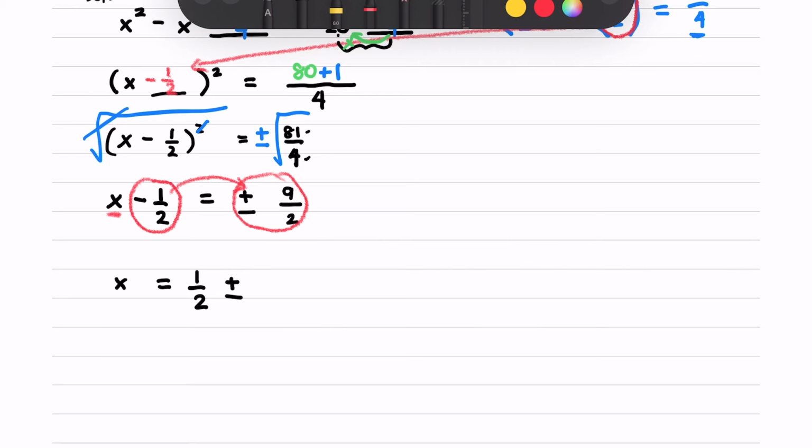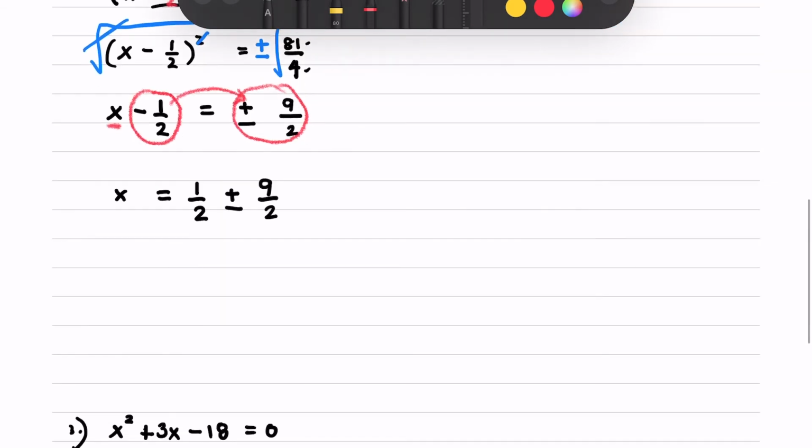Then, we have positive, negative, rewrite lang natin yan, 9 over 2. Separate lang natin para makuha na natin yung value ng x. So, we have x equals 1/2 plus 9 over 2 at saka x is equal to 1/2 minus 9 over 2.